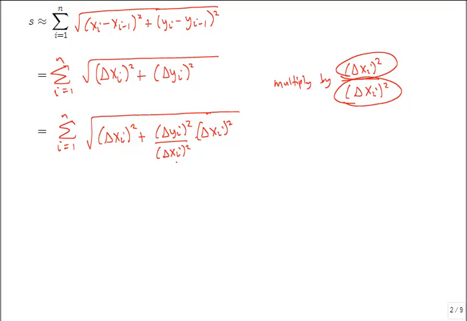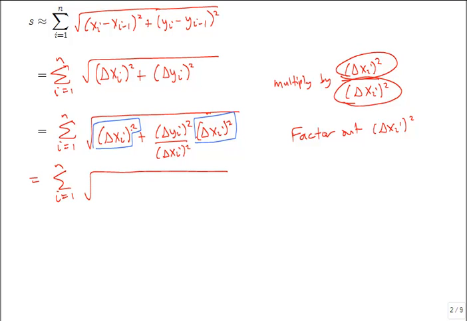Now the reason I'm going to put it in this form is that this term right here is the same as this term right here. So I can factor that out. So I'm going to factor out my delta x sub I quantity squared. So this is going to turn into, when I factor it out of this term, this just goes to 1.